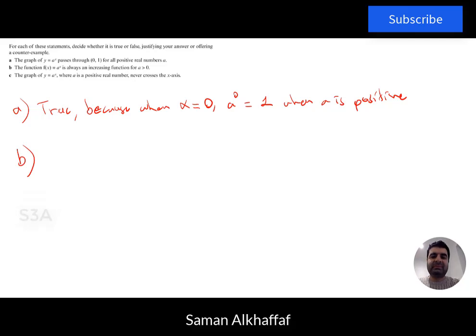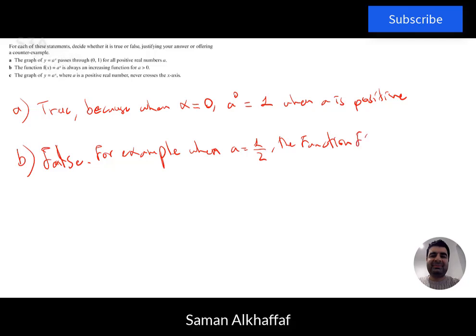In this scenario, this is a false statement, and for example, when a is equal to a half, then the function f(x) equals a to the x is not an increasing function.